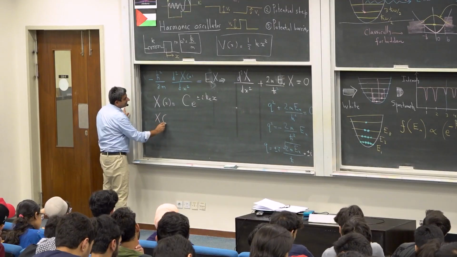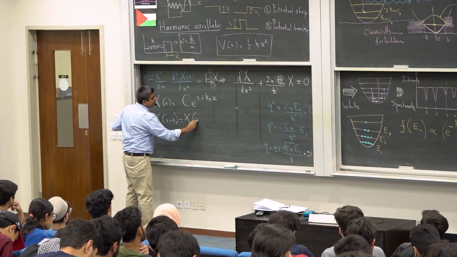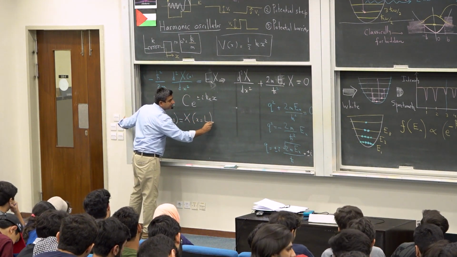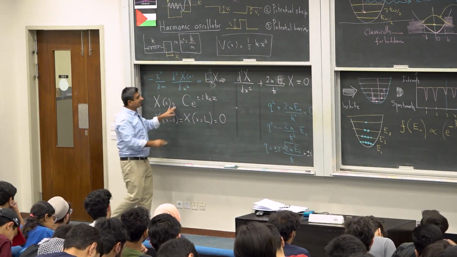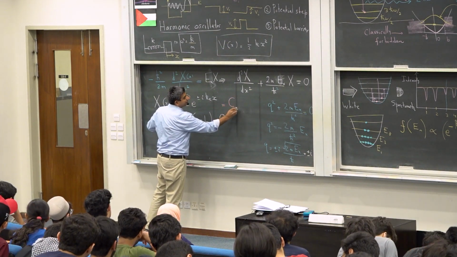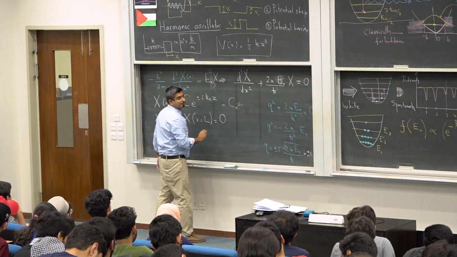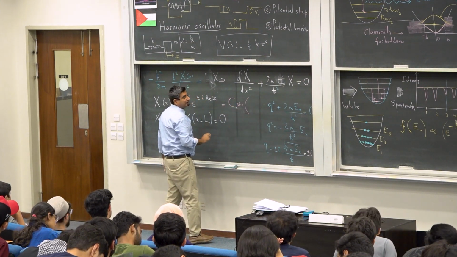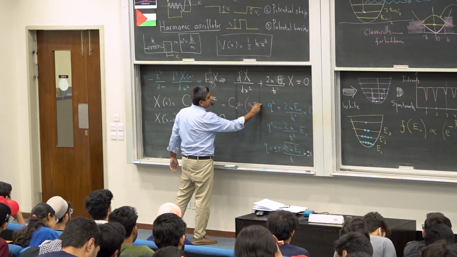X at x equals 0 and X at x equals L must be 0. This implies that this thing is some constant times sine of nx pi x over L.